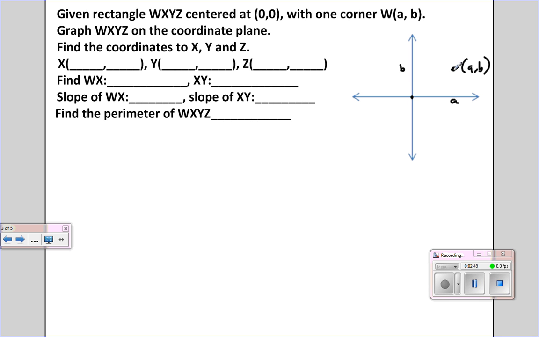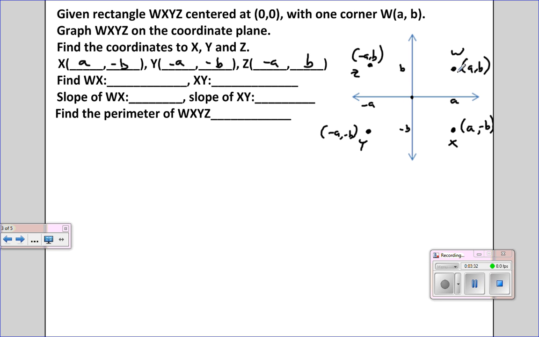And if this is the center, that means it'll be equidistant from the x-axis, which means there'll be a point here, which is still at A, but now it's at negative B. So that's X. Now Y is going to be A away, so it's going to be at negative A, negative B. And finally, Z will be up here at negative A, positive B. So X is A, negative B, Y is negative A, negative B, and Z is negative A, B. So that's just making sure that you go around with this being the center.